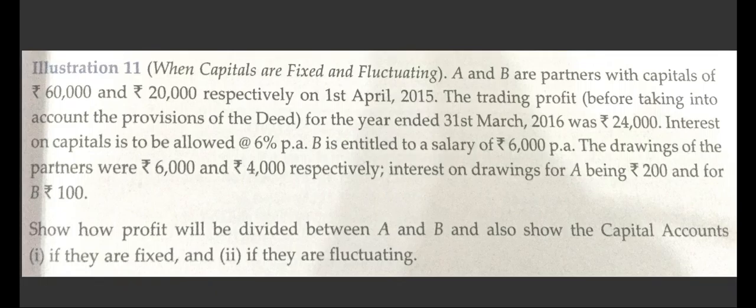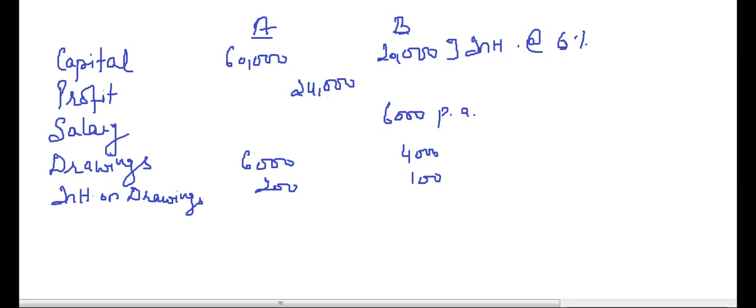But before that we have to prepare the profit and loss appropriation account. You can always write down these facts in the rough work in examination. It makes your question very simple, very clear. Okay, so let's start with the profit and loss appropriation account.